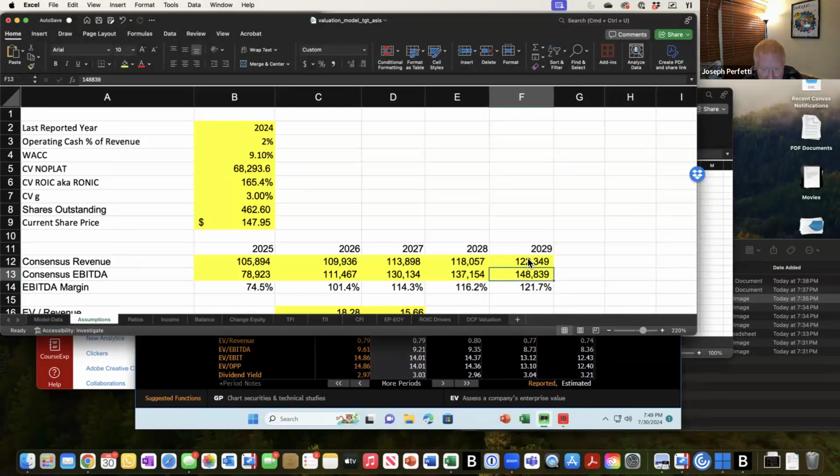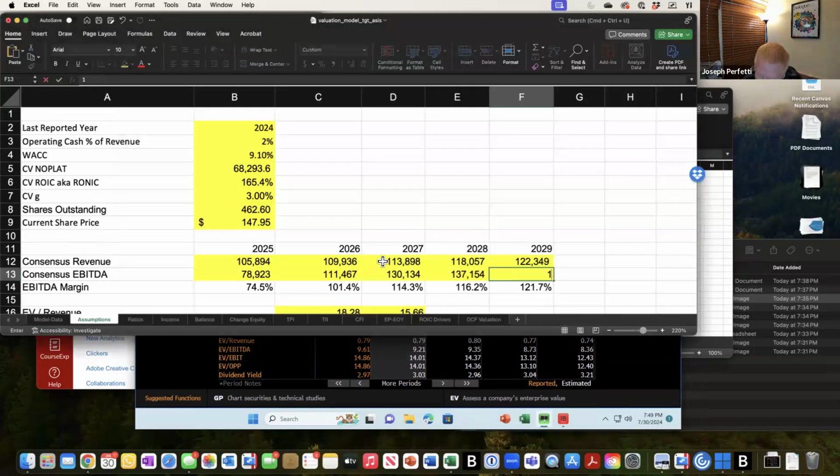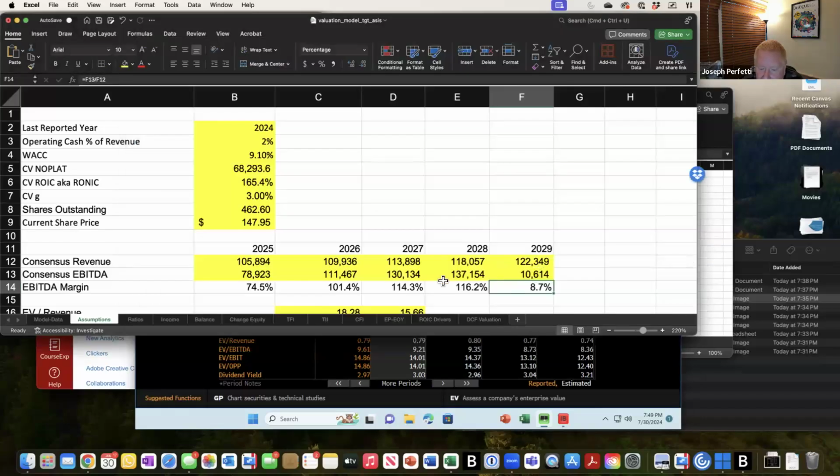Year 5 EBITDA 10,614. Seems so trivial compared to Nvidia. Just a zero here. 10,614. Year 4 is 10,065.